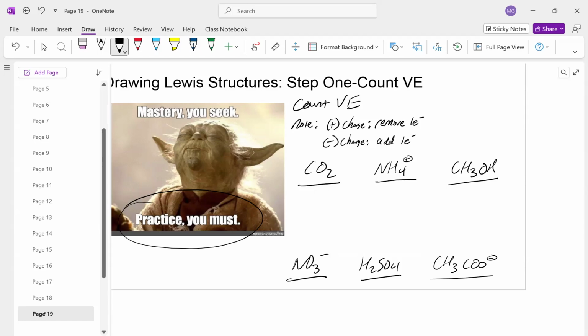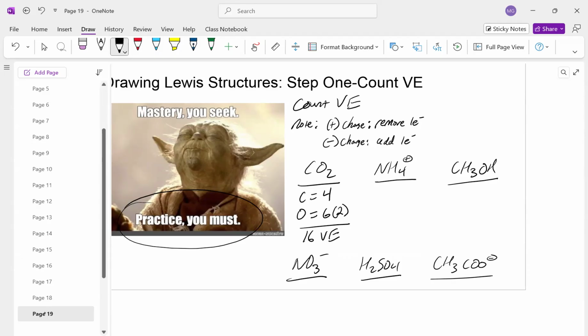Okay, so this can be done very quickly if you know your valence electrons. We have one carbon, so four valence electrons there, and we have two oxygens, so six valence electrons for one oxygen. We're going to multiply that by two, and that's a total of 16 valence electrons for carbon dioxide.